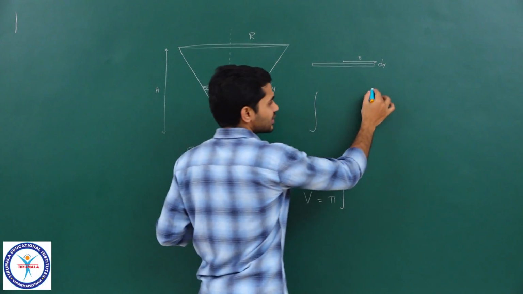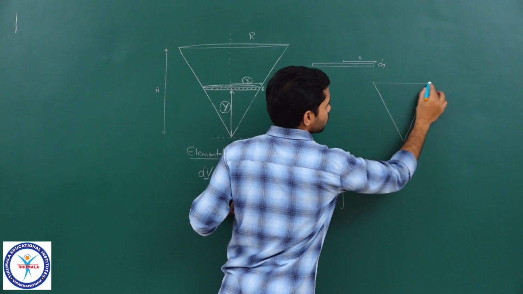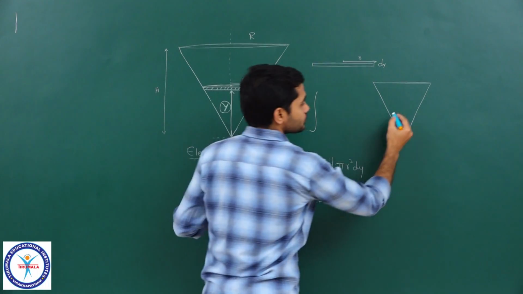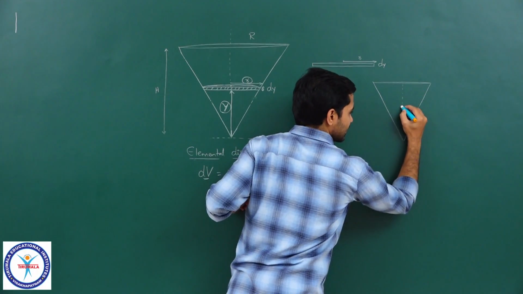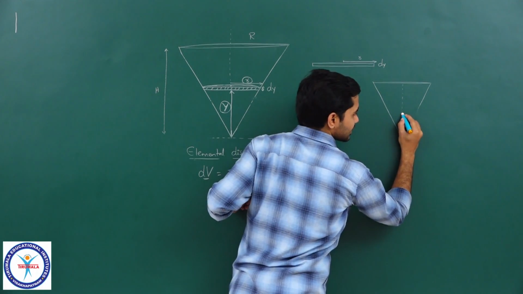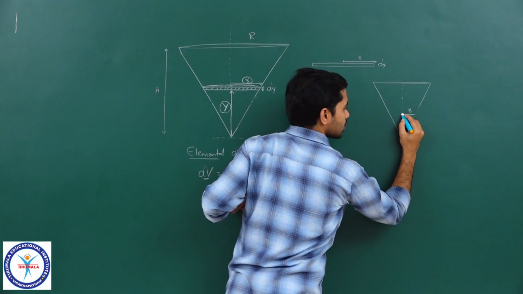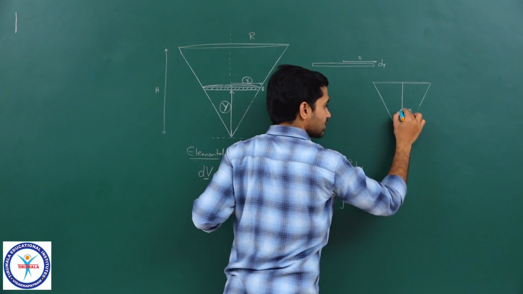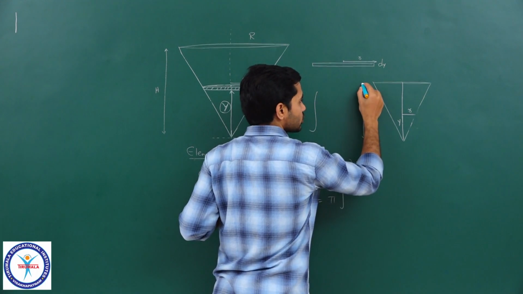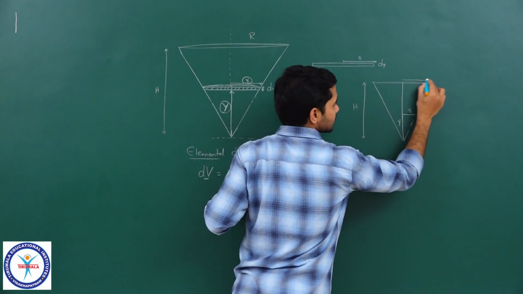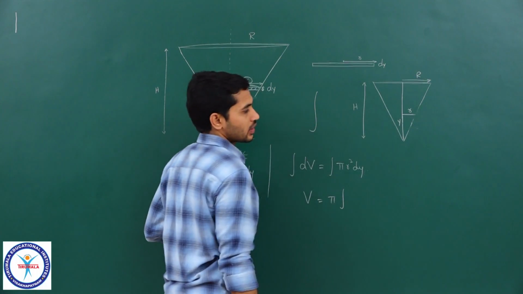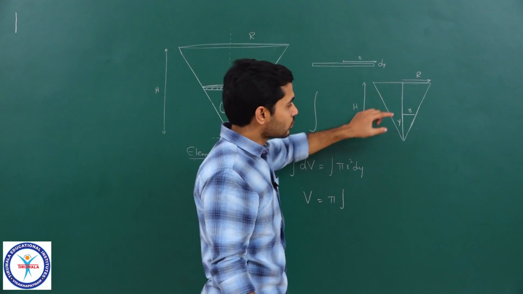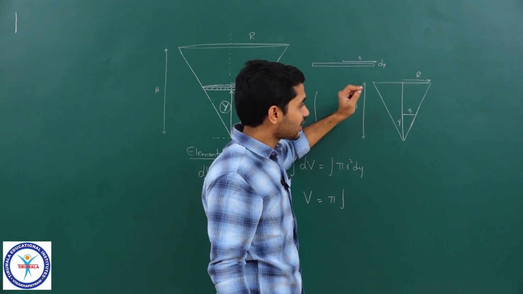It is pretty simple. You can see that from the diagram itself. You look at it in the form of a triangle. If I draw a vertical line in this manner, this is r, this is y, and this complete length is h, which is given to us already, and this radius is capital R. Now what am I trying to do?